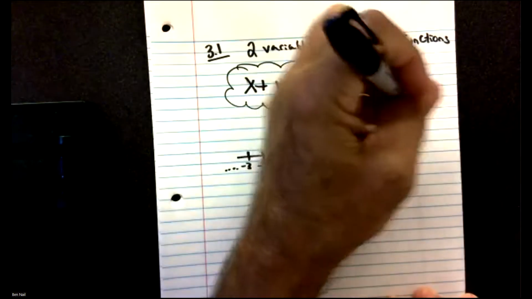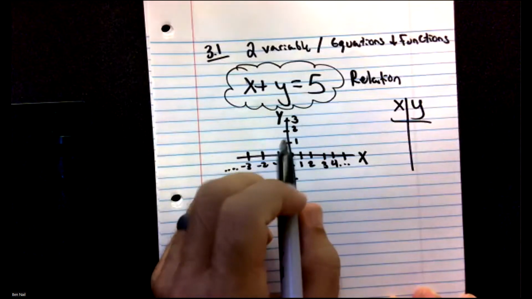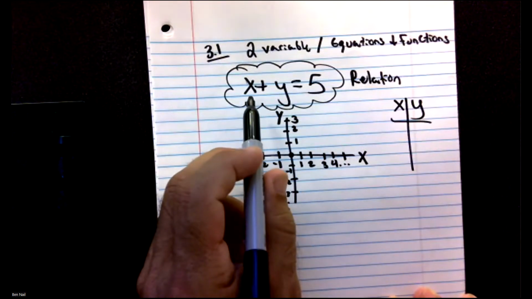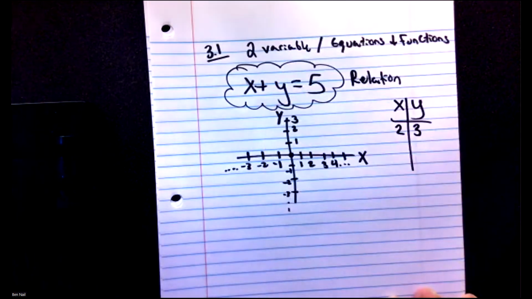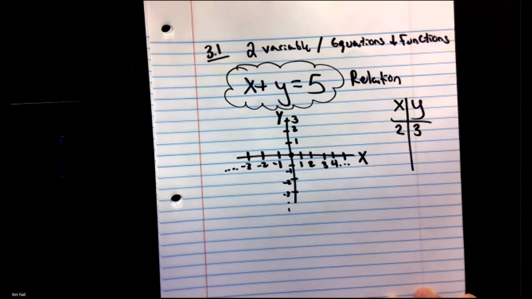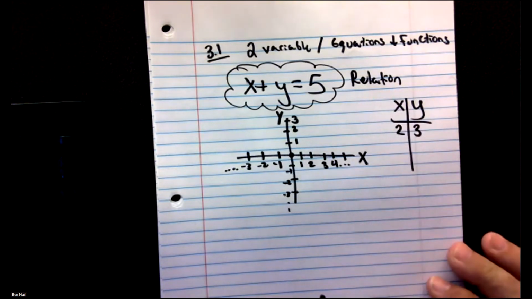So if we were just to list some for this equation, x plus y equals 5, well, if I had 2 plus 3, so if x was 2 and y was 3, those would be valid solutions. And as I change my x, that's going to change my y, because again, they're related to each other.